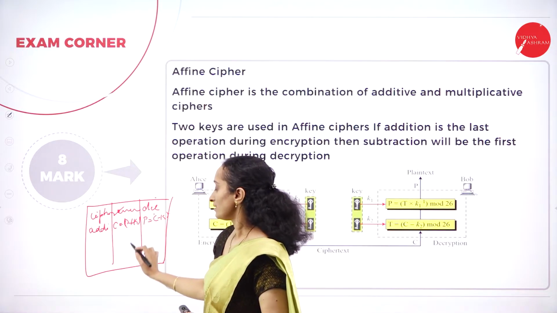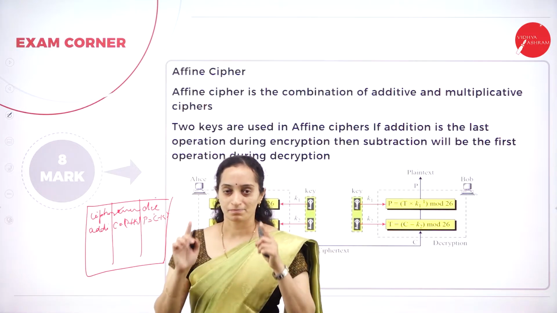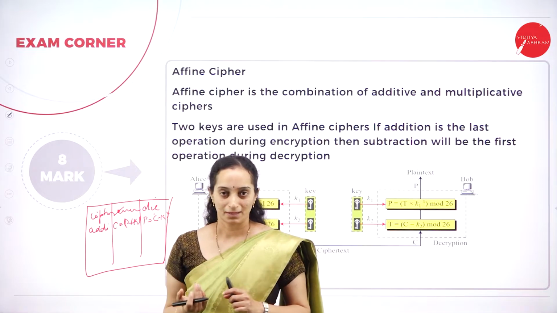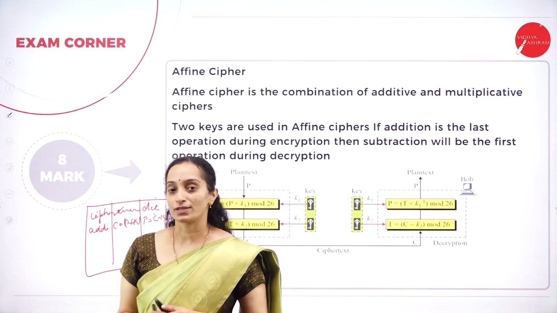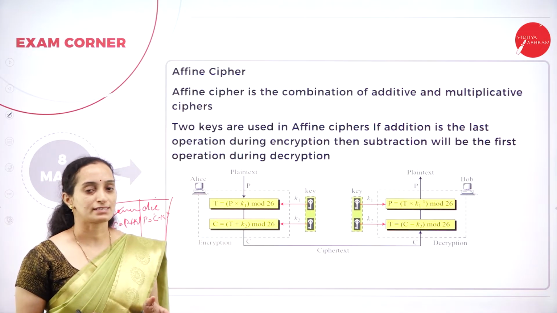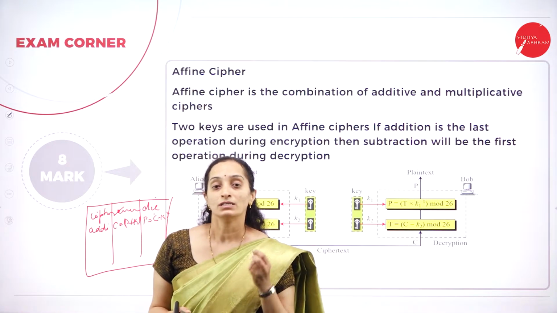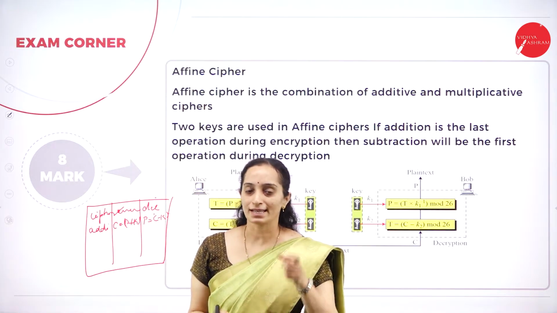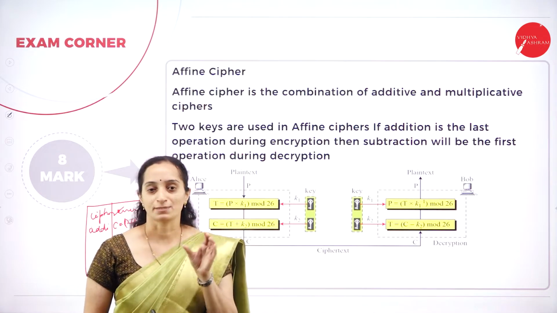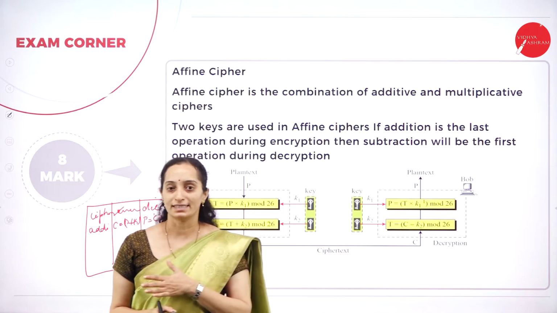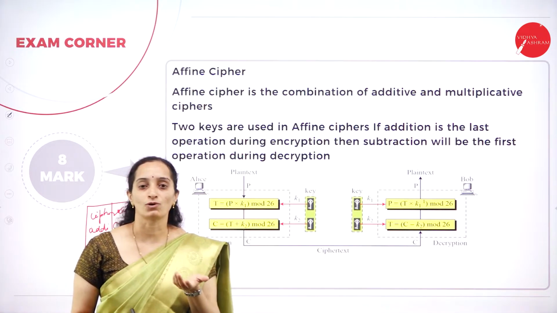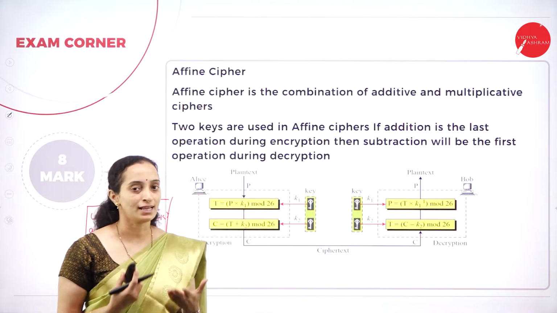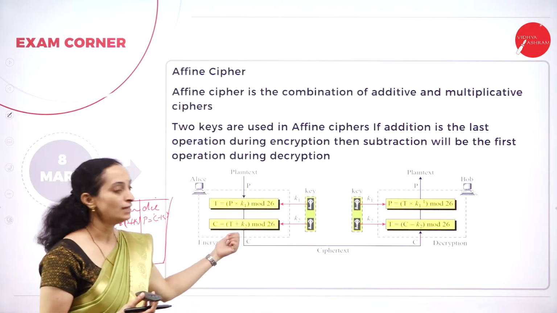So just write down the expressions and practice them, so that if any cipher is asked, you will be able to write it down easily by just knowing the expressions of encryption and decryption. You can easily decode the answer.